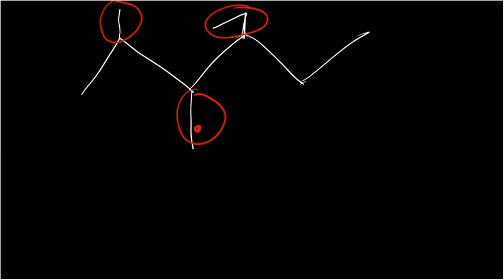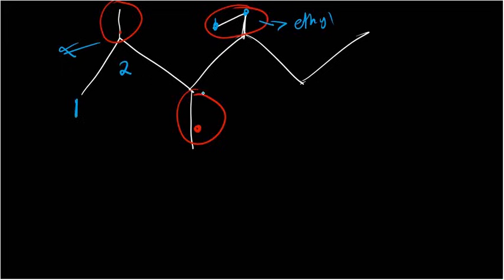But what is the name of this branch here? This is not methyl because we're having 1 and 2. So this is known as ethyl. So now, where are we supposed to start counting from? Check the branch which is near to the end. This side is where the branch is near to the end, but this side is very far. So we need to start counting from this side.